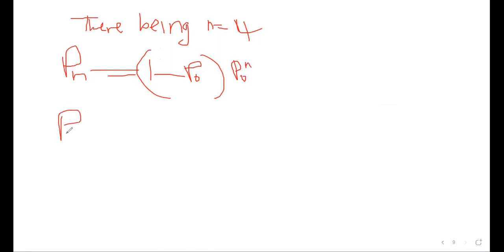So P4 is actually equal to 1 minus 0.67, and of course the 0.67 outside here should be raised to the power 4.